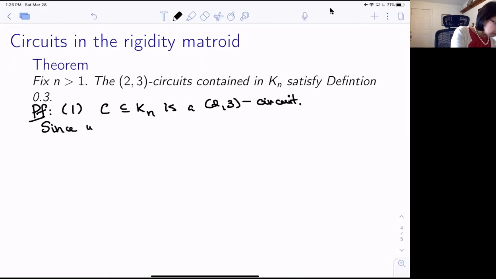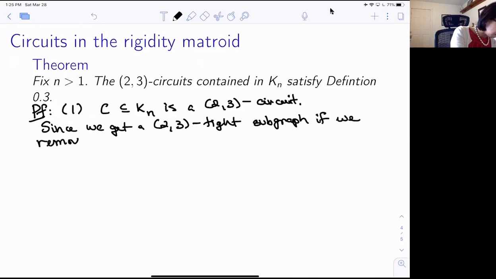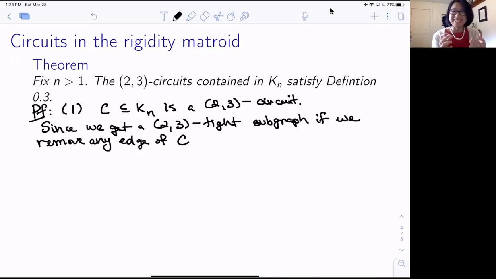Since we get a 2-3 tight subgraph, if we remove any edge of C, we know that it can't strictly contain a circuit.